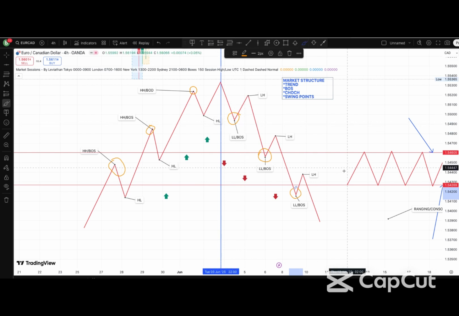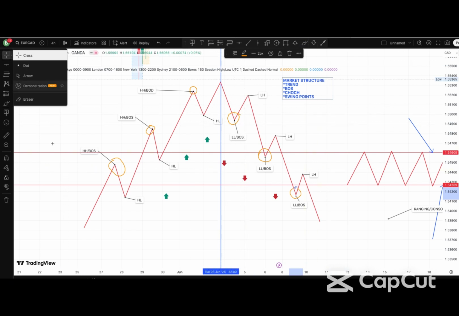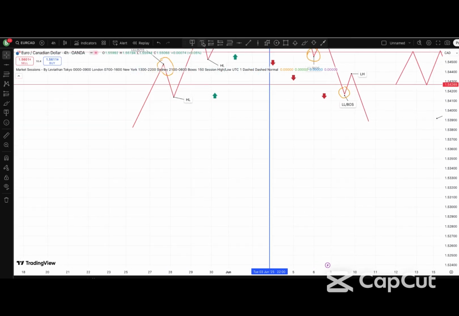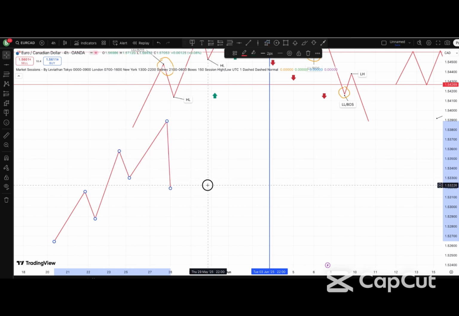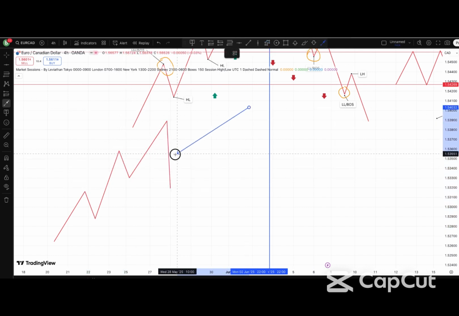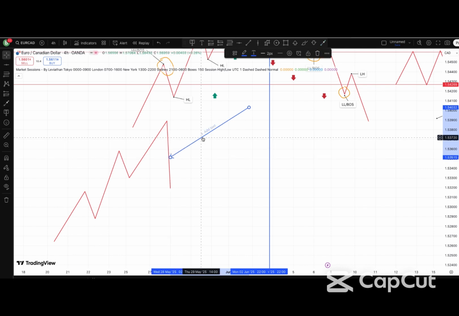Okay, so what is the change of character? The change of character is when the trend is moving to the upside, creating a new higher high and higher low, and suddenly you see the chart canceling out the most recent higher high and the most recent higher low to the downside. This particular candle is a change of character candle.